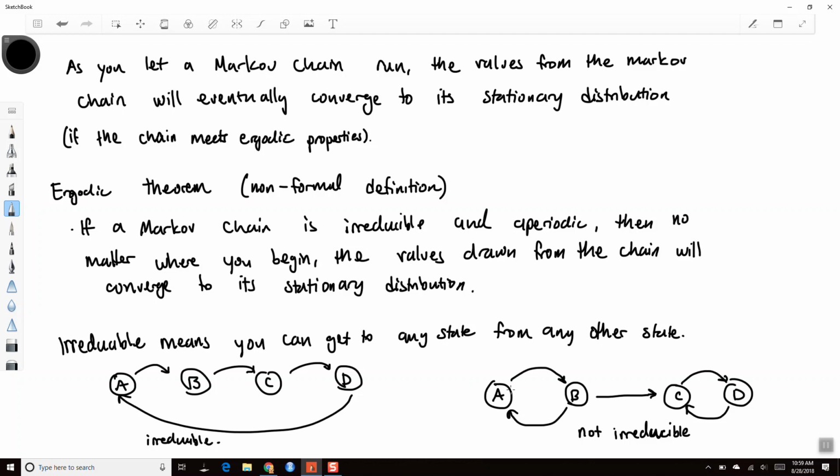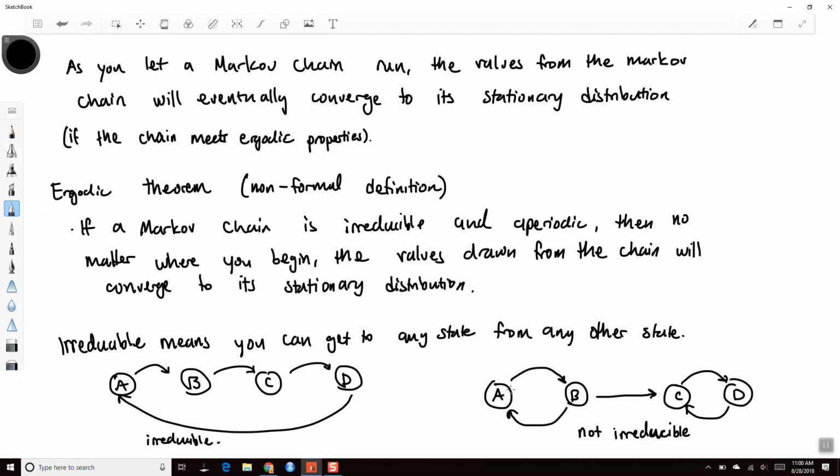So you are no longer able to get to another state based on where you are. So part of it is that the Markov chain has to be irreducible. You have to be able to reach every other state from any state. Maybe not a direct path, but some kind of path needs to exist.